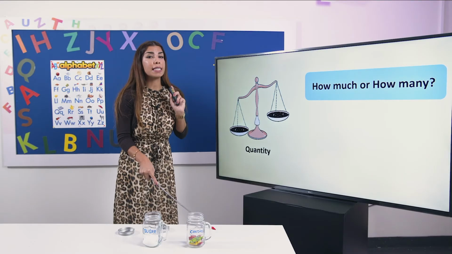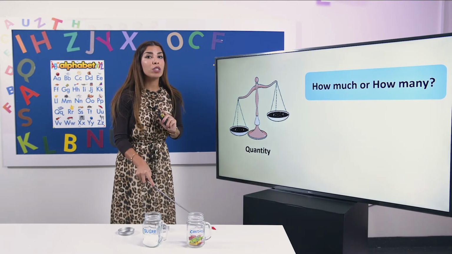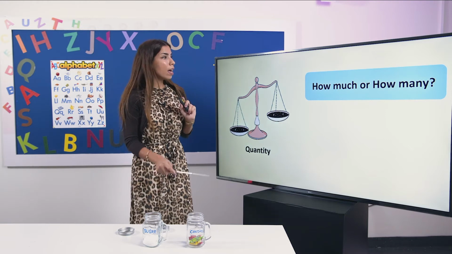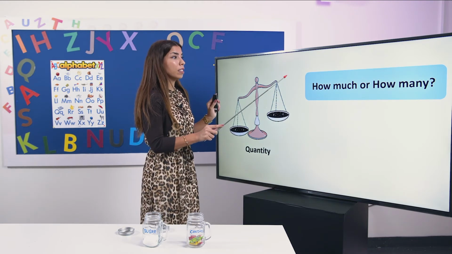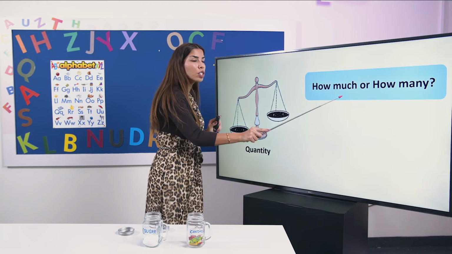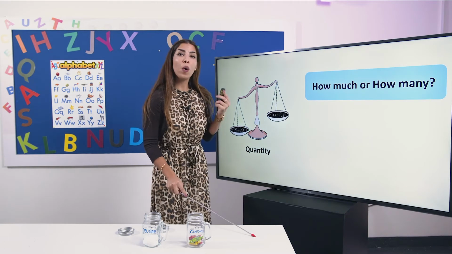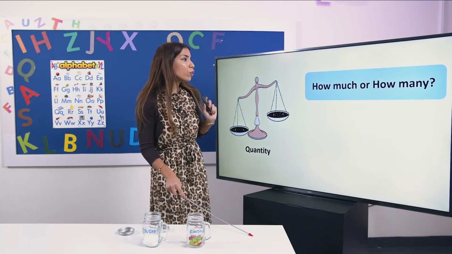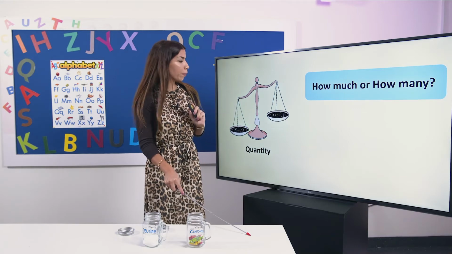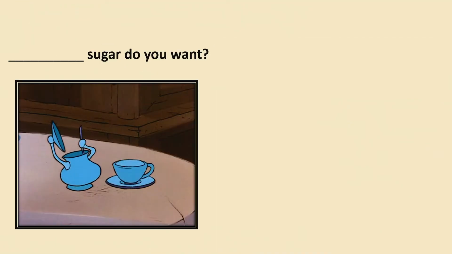Now, it's time to ask about the quantity. Let us see what is the difference between how much and how many. When do we use how much and when do we use how many? Check this out. Sugar.